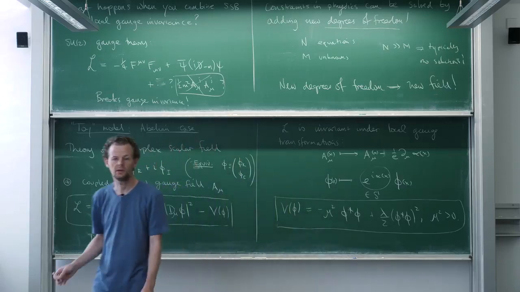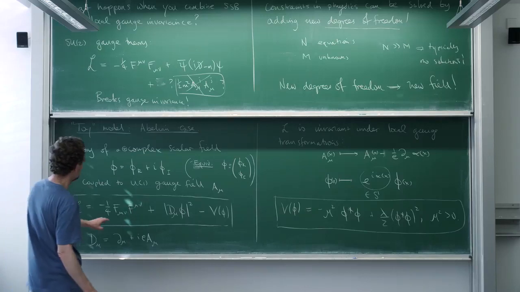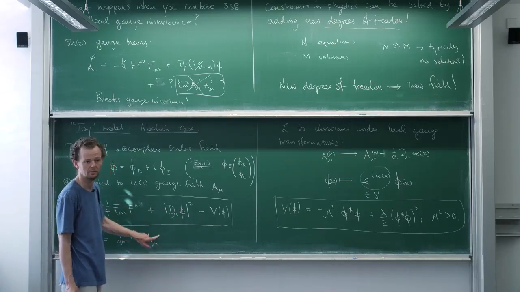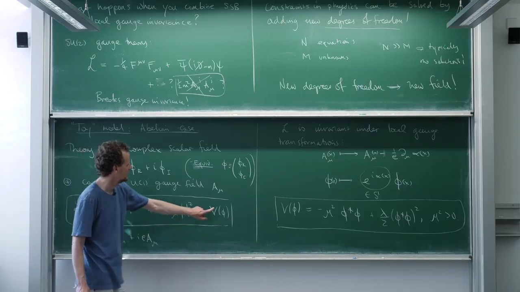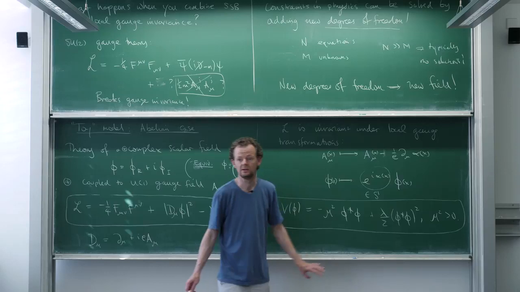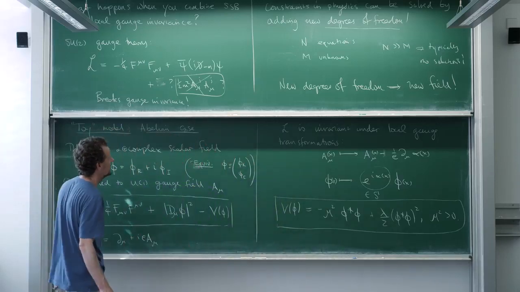So that's our theory. It's a very non-trivial interacting theory. Phi interacts with A_mu via this term here. And V of phi is quartic, so we're not going to be able to expect to exactly solve this model. There's no hope of that.